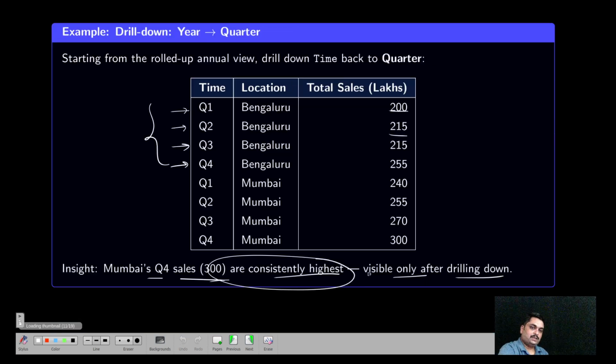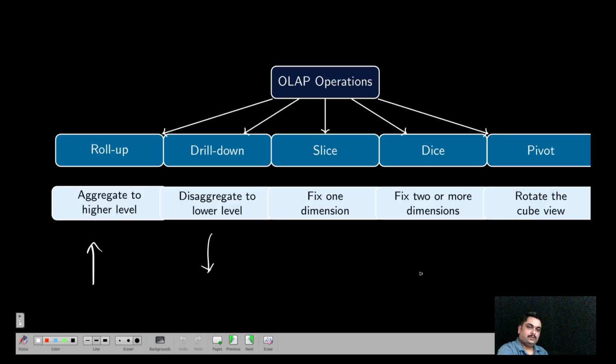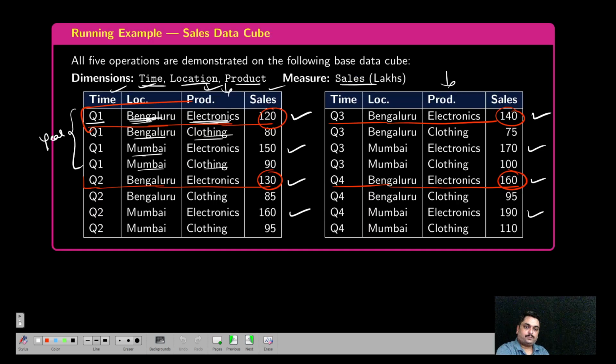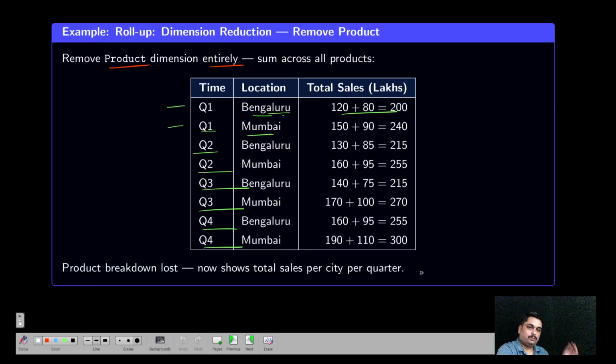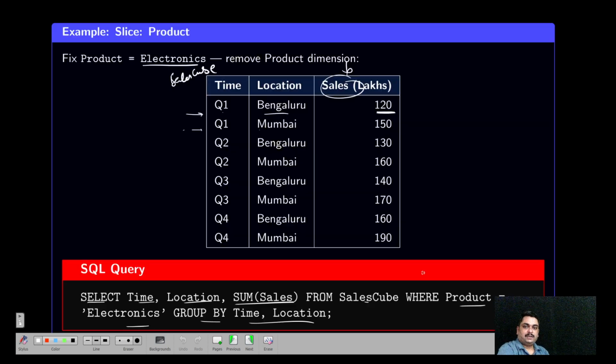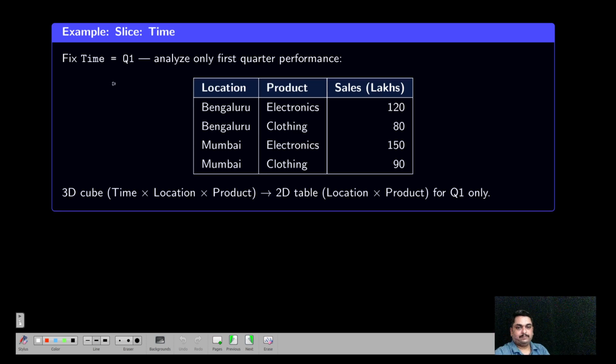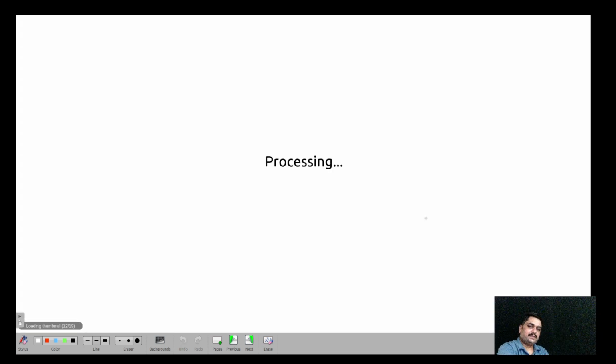So if you write that query on the original table, the product column will not be projected. That is the concept of slice. Similarly, you can slice the time. For example, fix time equal to Q1. Then the time column, that dimension, will be removed. Initially it is 3D: time into location into product. Now it becomes only location into product for Q1. Q1 is fixed. So that is the concept of slice.